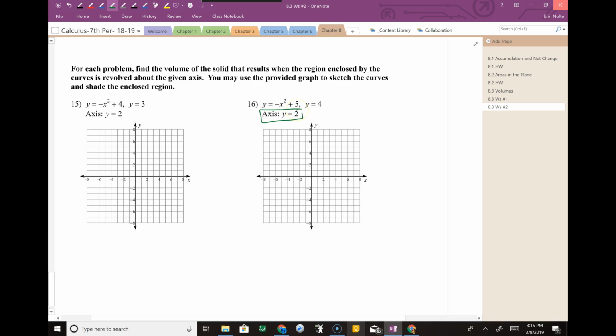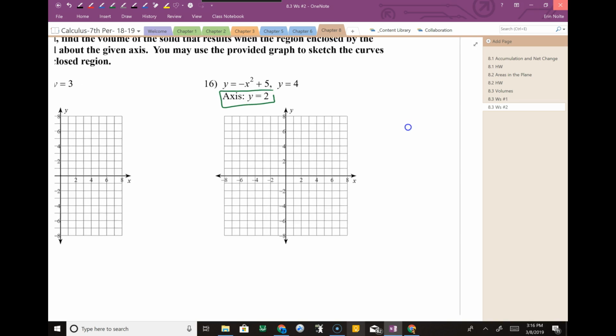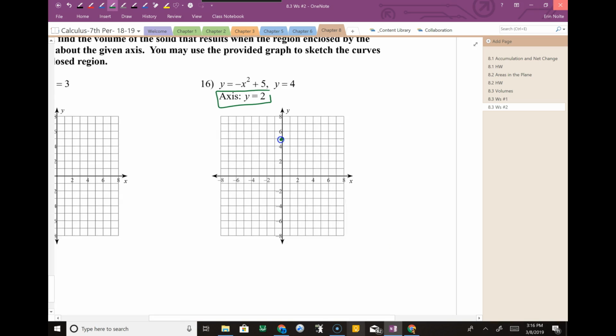Okay, so negative x squared plus 5. What does that look like? Upside down parabola, up 5. Oh, I thought you said plus 1. Wait, no, that's just off my worksheet, but we're starting at the end. Oh, wait, you're finding that one.